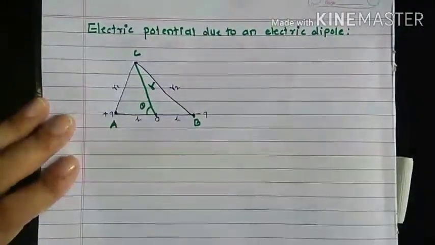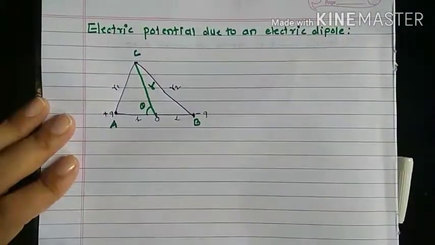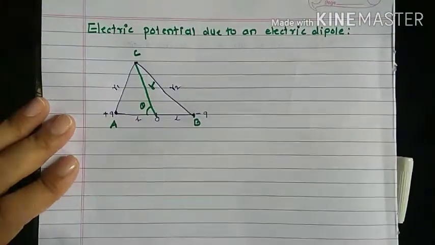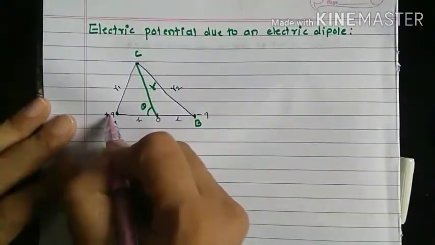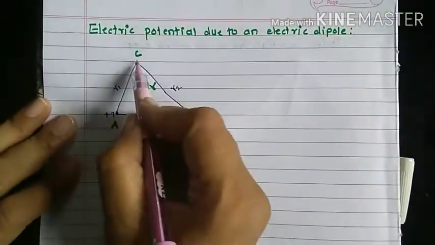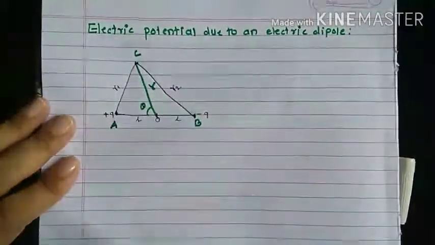Now, from the previous topic, we know that the electric potential due to the positive charge at point C will be positive.